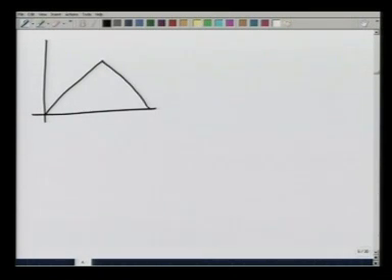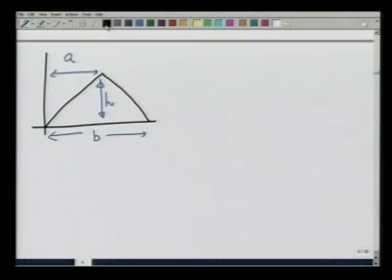Let me make the figure again. This is b, this is a, this is the height h, this is the x axis, this is the y axis, and for m y, which I wrote as 0 to a x h over a times x dx.